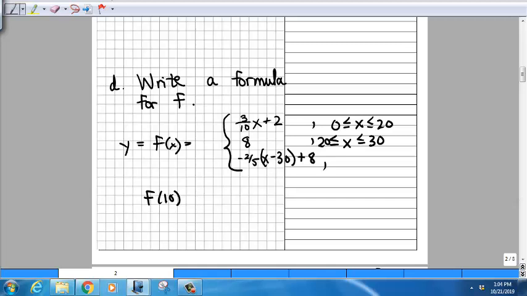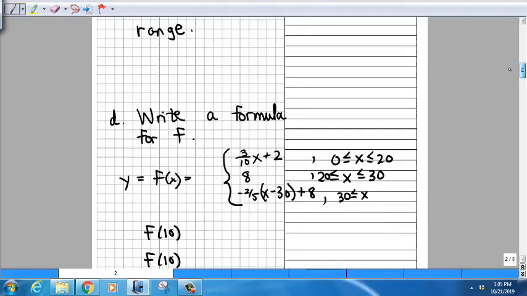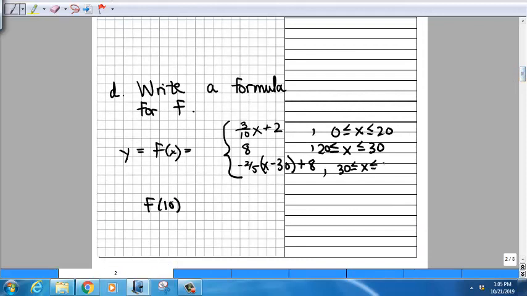So notice we're writing down a compound inequality here to tell us when to use each piece. What about for the last piece? X is between what? 30 and where do we have to stop there? 50, right, okay. It can't go above 50 because the reservoir gets empty at 50, right?